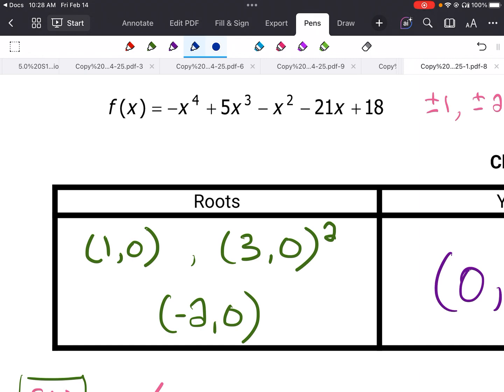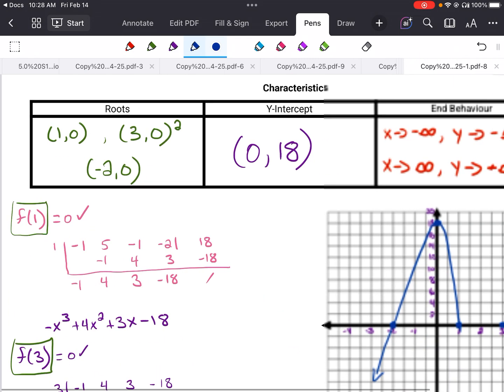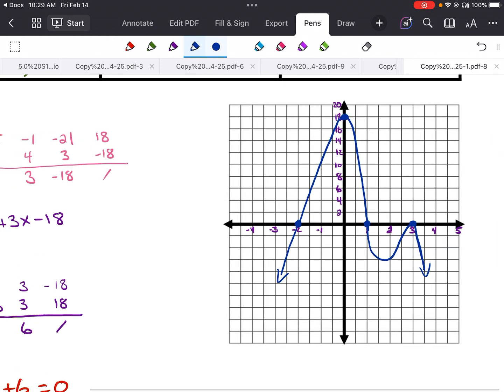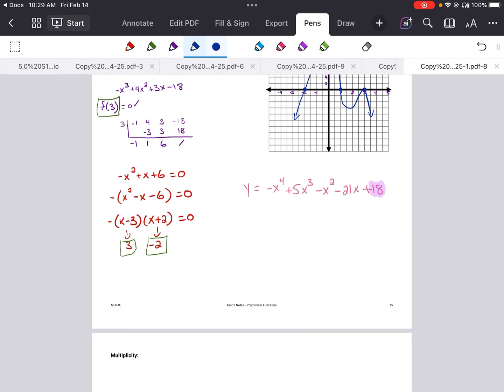Because the root of 3 is squared, it happens twice. It doesn't go through. It just comes down and makes a parabola there. So it touches +3 and turns back quickly. Okay? And that's an acceptable graph for this equation. It's probably not the complete correct graph. Again, that's a calculus problem.